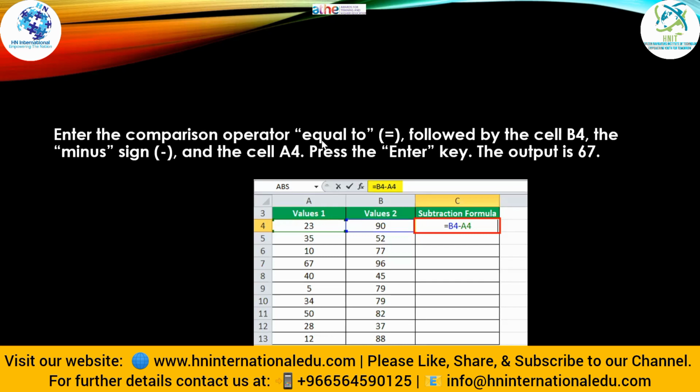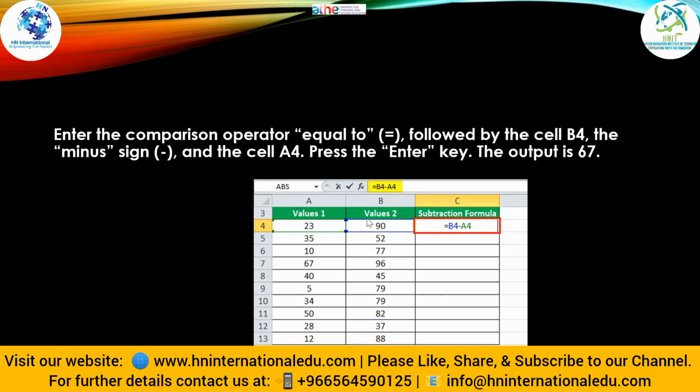Enter the operator equals, followed by the cell B4, the minus sign, and the cell A4, press the enter key, and the output is 67. From this example, you can see what they have done. They have added the formula here, which is equal to B4, B and 4.